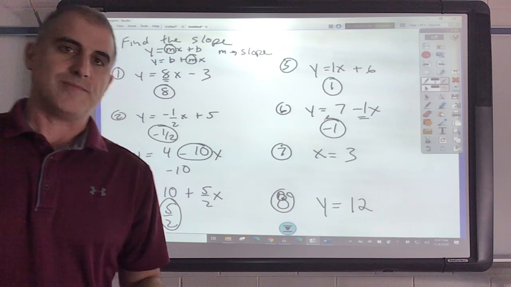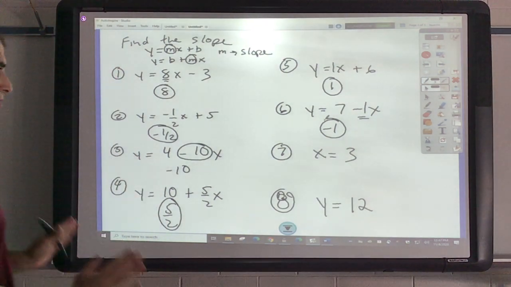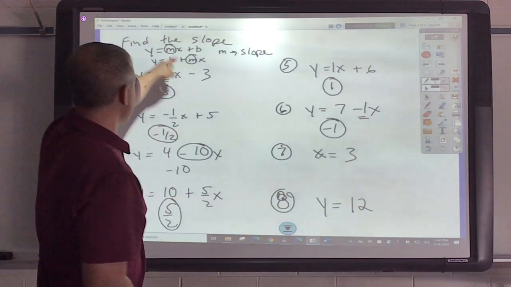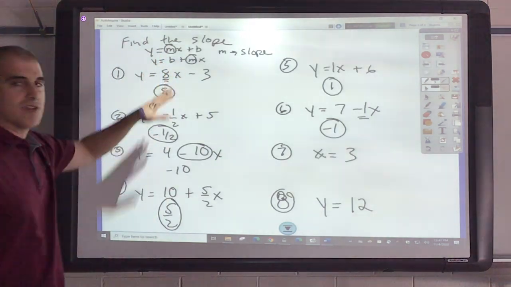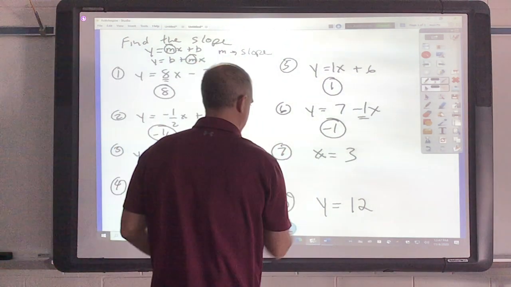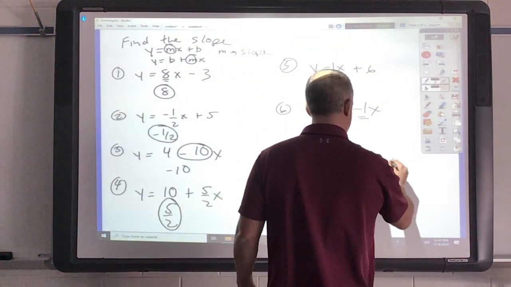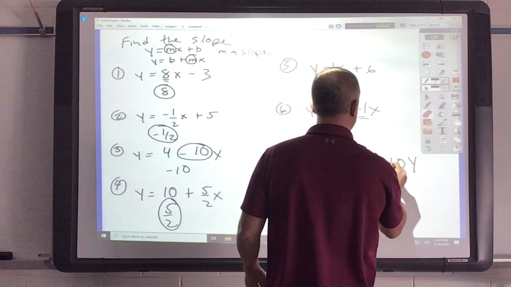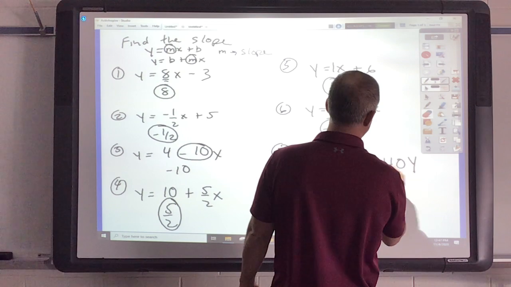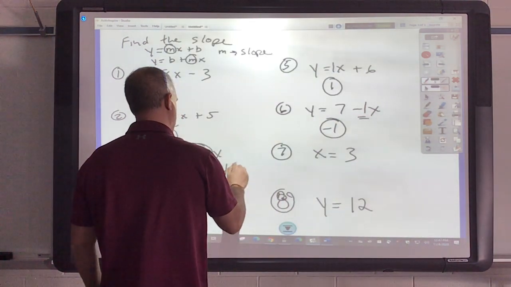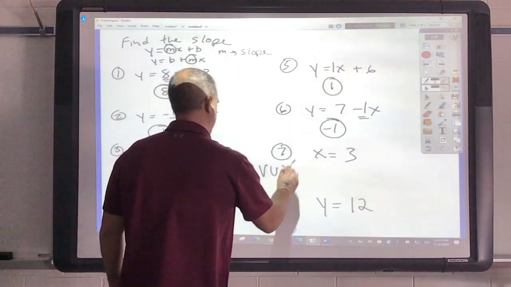Now, these last two are a little bit different. You see that this only has an x. Slope-intercept form has a y and an x. These are special. I would like you to write this down: HOY and VUX.